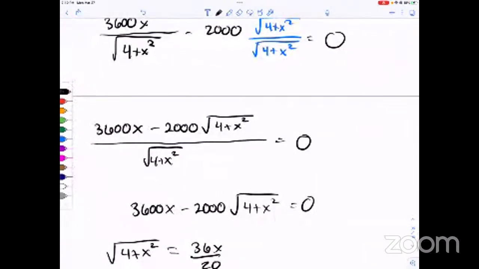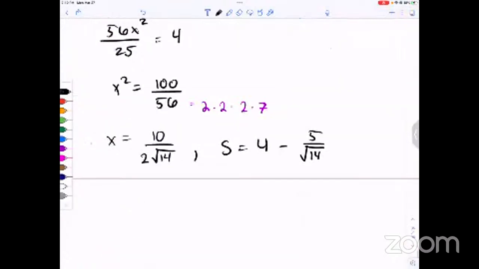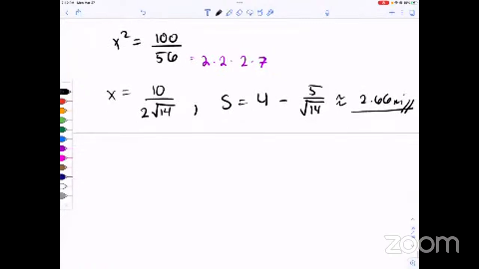We got 2.66 miles. Oh, now we need to confirm that this is indeed a minimum, right? So if we look at our positive x, here's the 2.66.